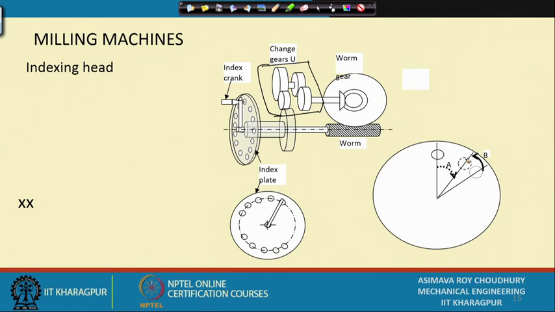So, what we learned from this exercise is that if we have a device by the help of which we can divide circumferences into equal number of divisions, in that case a number of machining applications become possible in case of milling, and possibly the most variedly used application is the case of gear cutting.